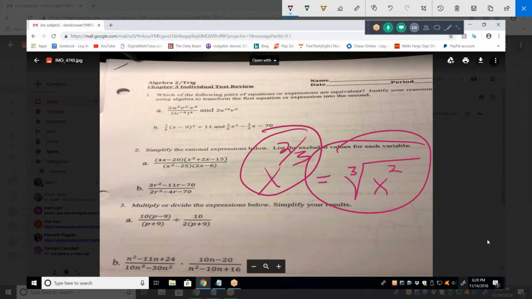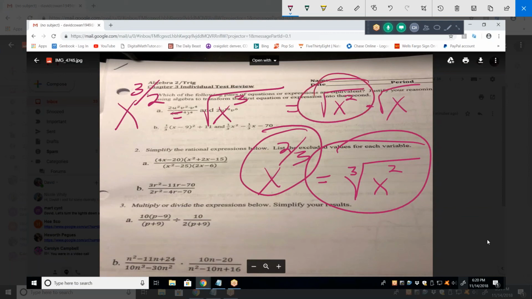Now, if they give you this problem, it's a little different, because that is the square root of x cubed, but that is the square root of x squared times the square root of x, and that becomes an x.